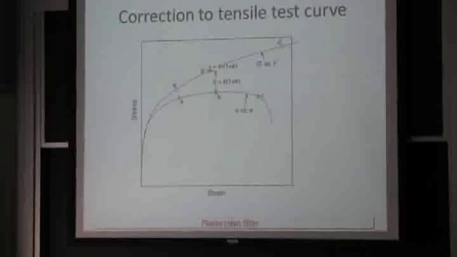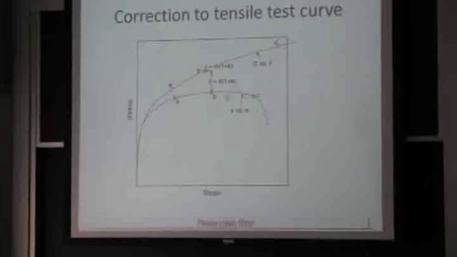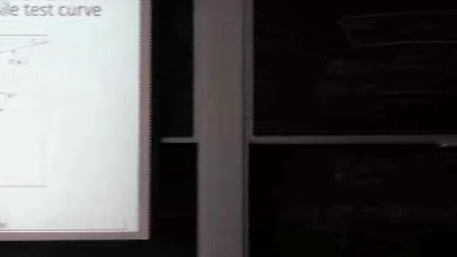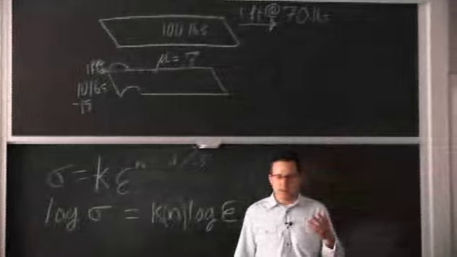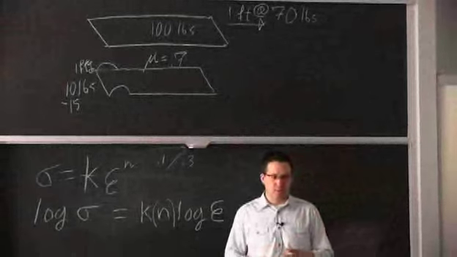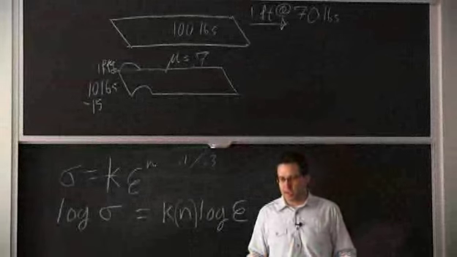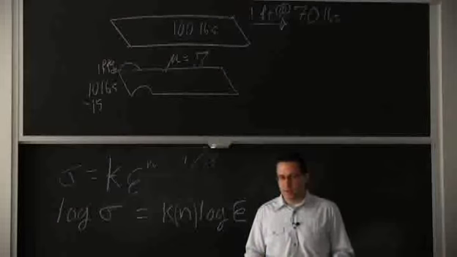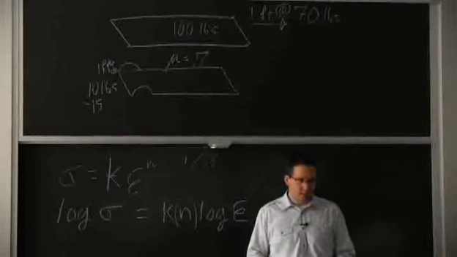And the reason why there's a difference between them is that the way we normally plot the curve in the laboratory is based on the initial area of the sample. We measure the width, the thickness, we get A, and we keep that. But in reality, that A changes.